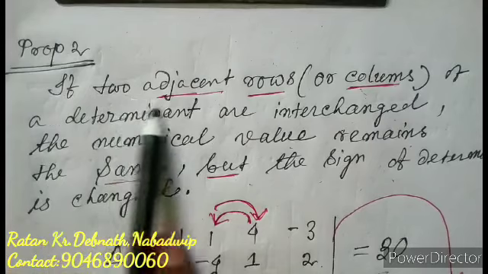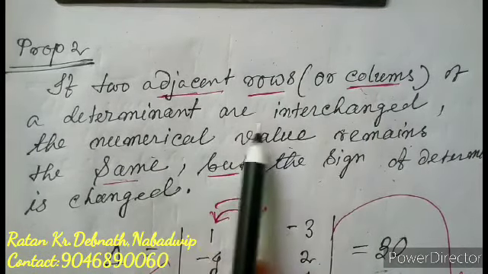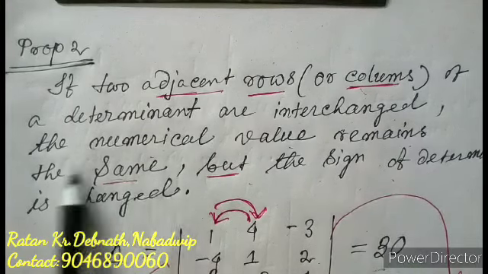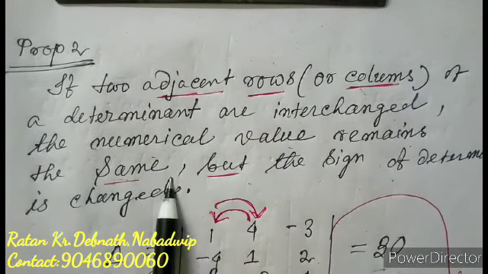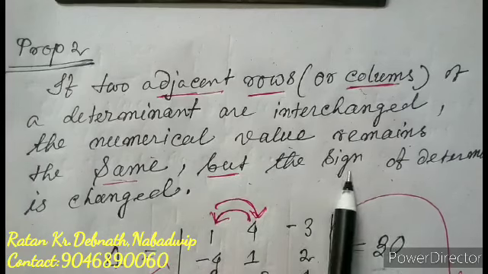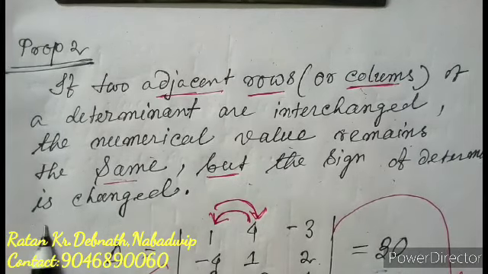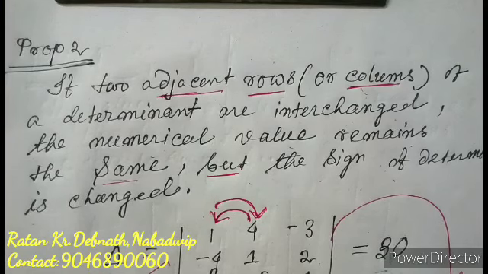So we can say if two adjacent rows or columns of a determinant are interchanged, the numerical value remains the same because both are 30, but the sign of the determinant is changed. This is a very useful property.